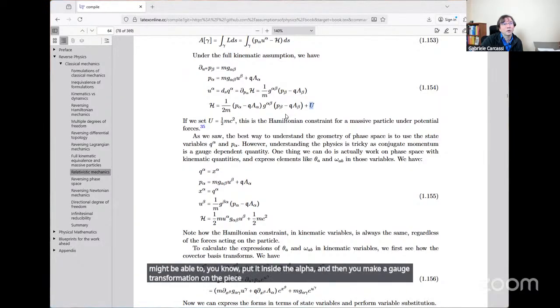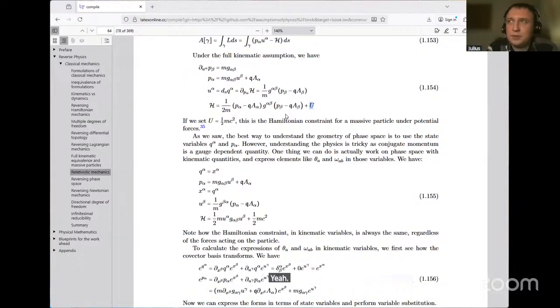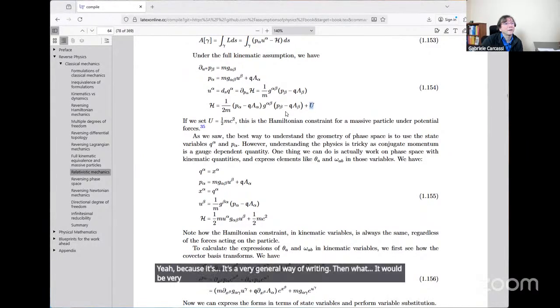But I do not know if that works. It's a very general way of writing it. So it would be very interesting if that can be done all the time.